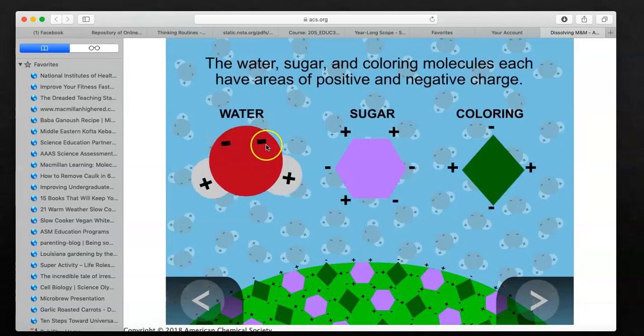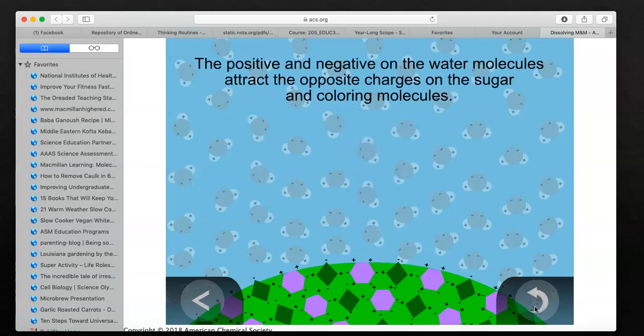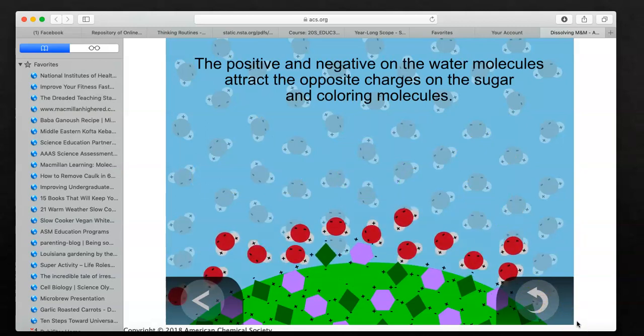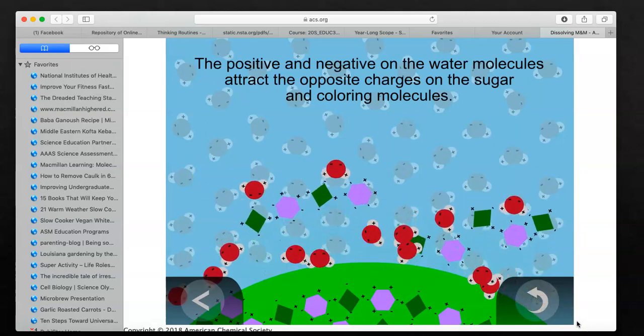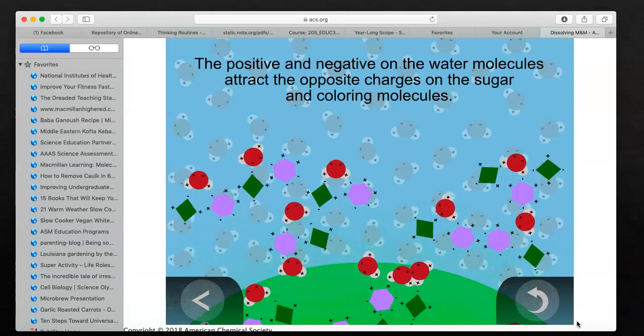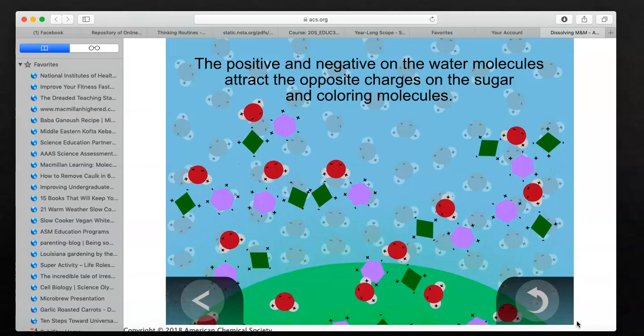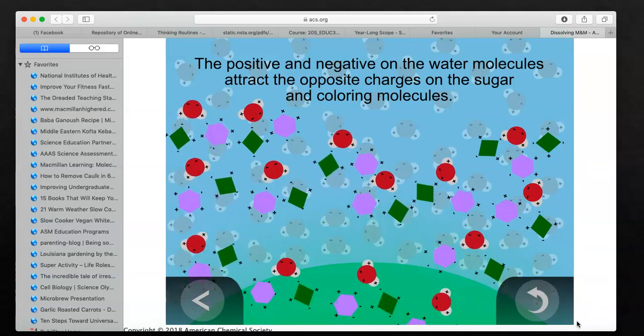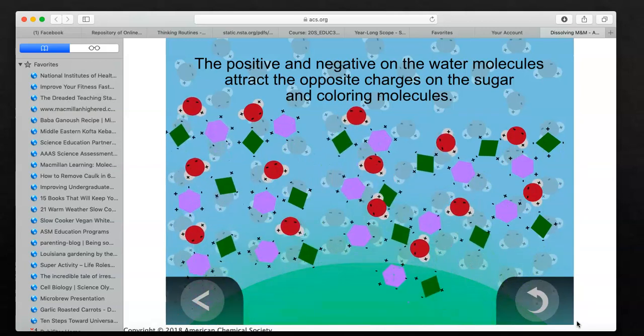And then here's your water molecule. So you see the negative charge and the positive charge, and then we see that also on the sugar and the coloring. So the positive and negative on the water molecules attract the opposite charges on the sugar and coloring molecules, pulling them away and allowing them to get dissolved in the water.